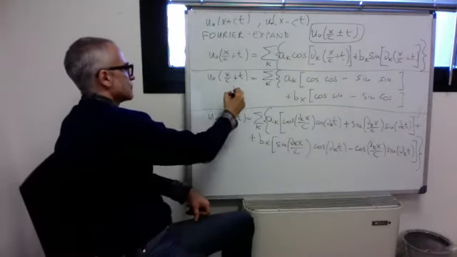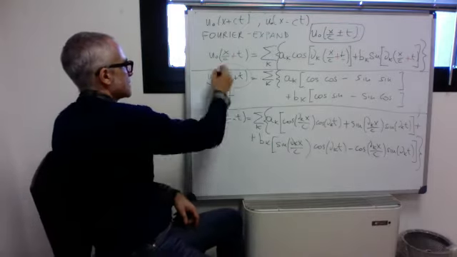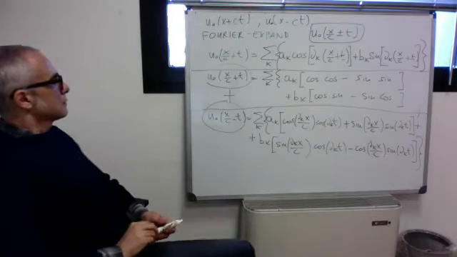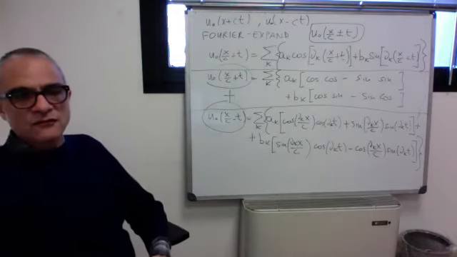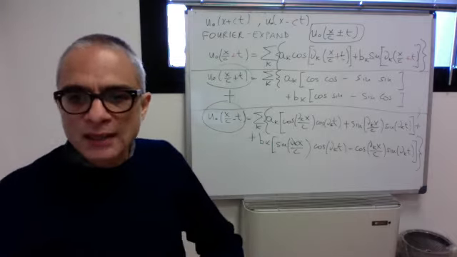And then you have to sum these two things up to get the full D'Alembert solution and divide by 2.